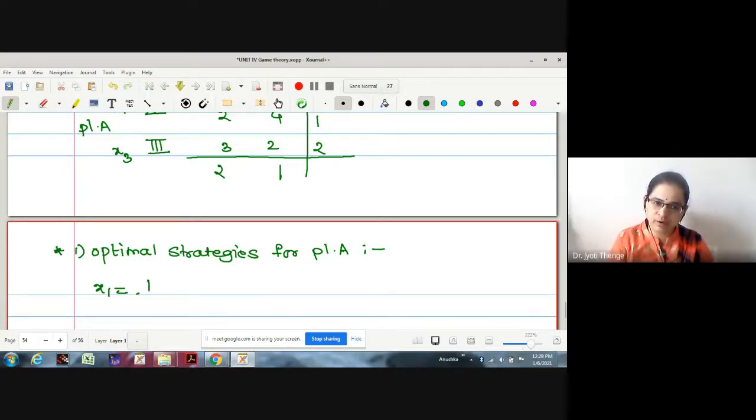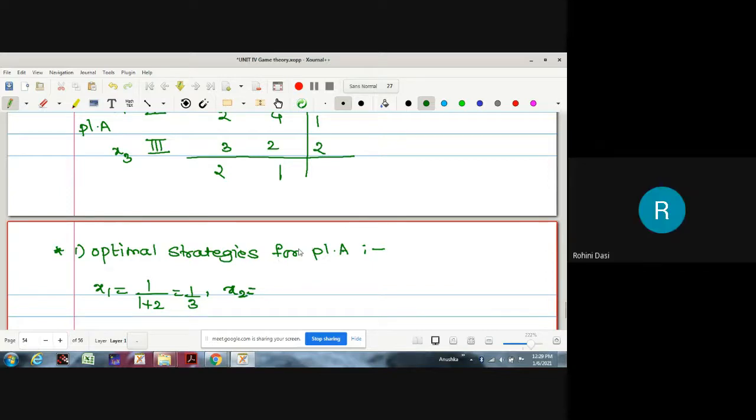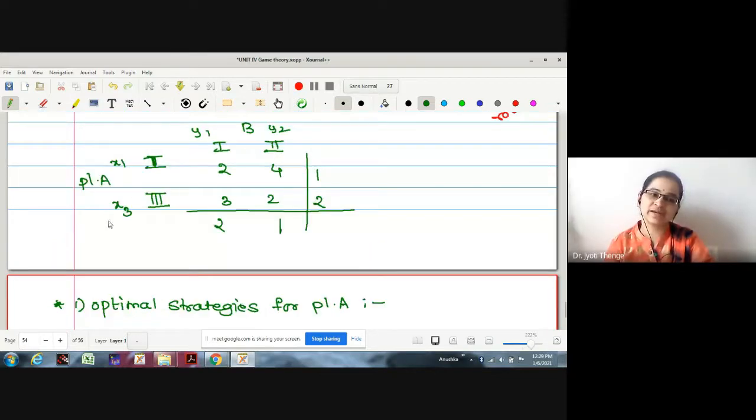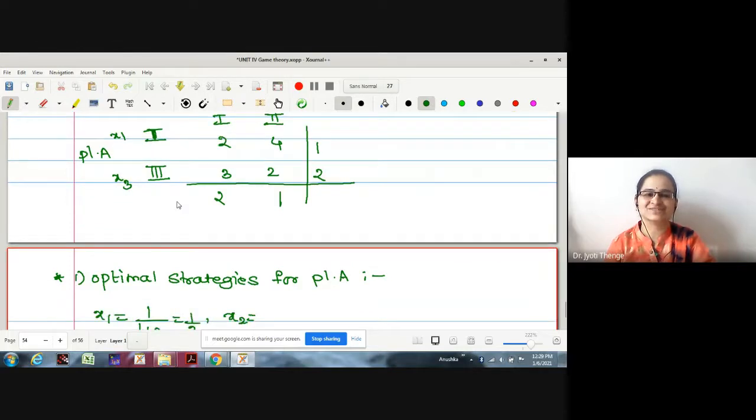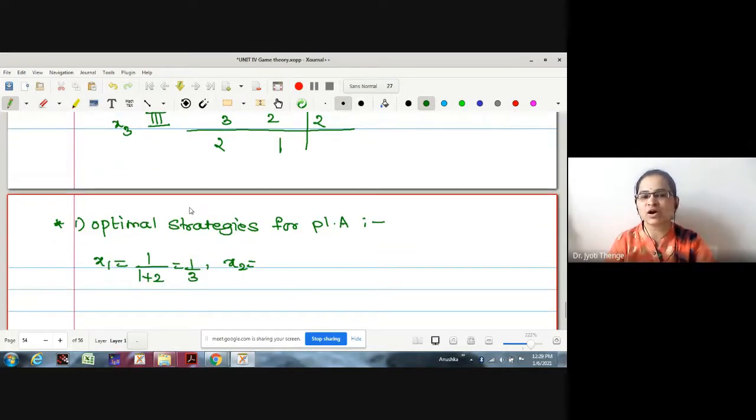Good, 1 upon 1 plus 2, that is 1 by 3. What for x2? It's 0. We have written x1, x3, right? Yes, x2 is 0, as this row is not involved in the optimum strategies, therefore the probability can be put 0. Now x3 is 2 by 3. Correct. What for x4?